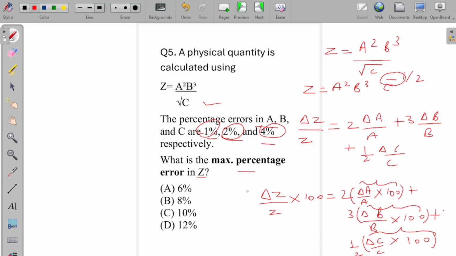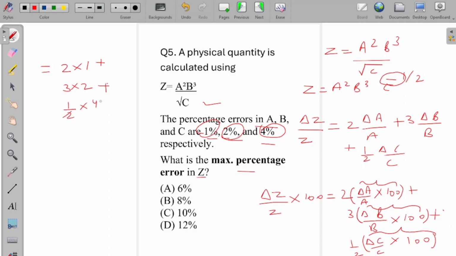Now we will put these values in the expression and we will get 2 into 1 plus 3 into 2 plus half into 4.